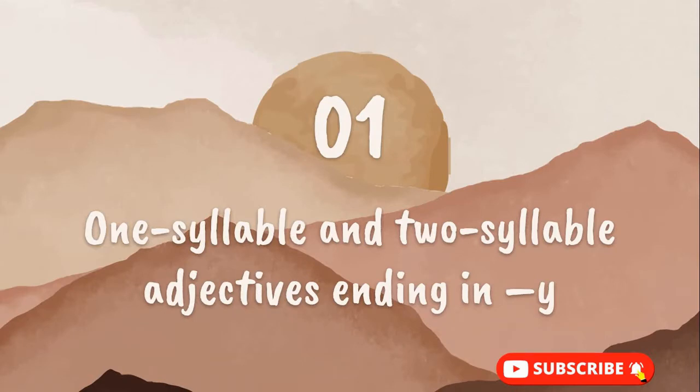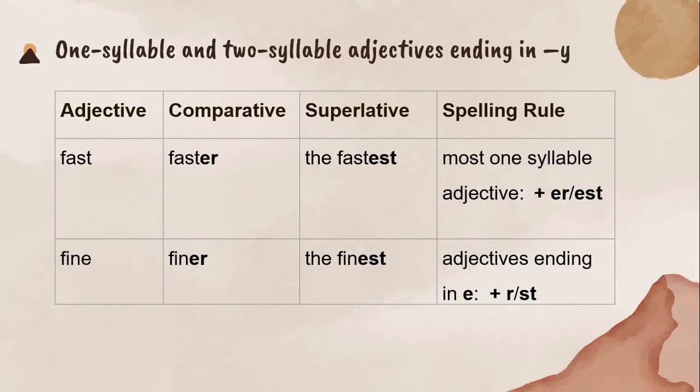First, we're going to see one-syllable adjectives and two-syllable adjectives ending in Y. Let's see the rules one by one. First, most one-syllable adjectives take ER or EST at the end. For example, fast becomes faster as a comparative, and the fastest as a superlative.